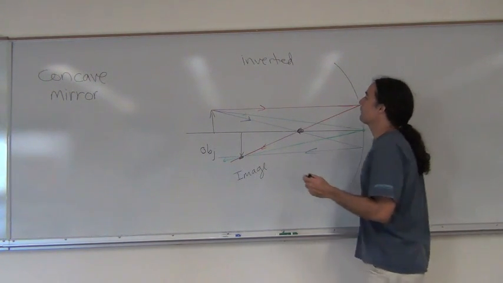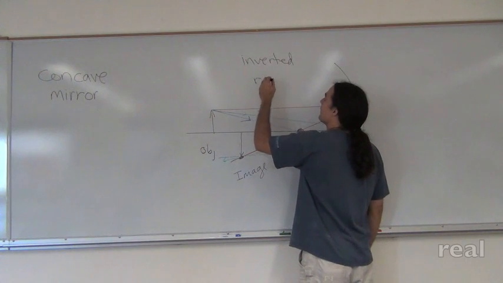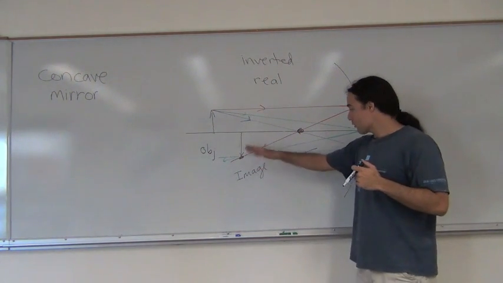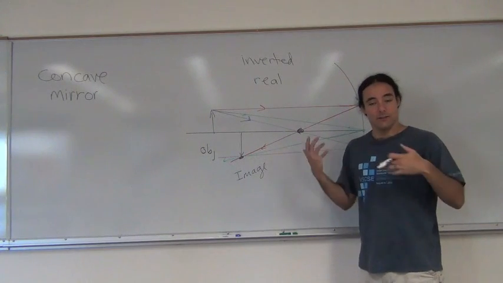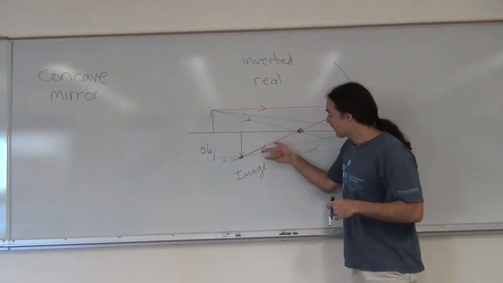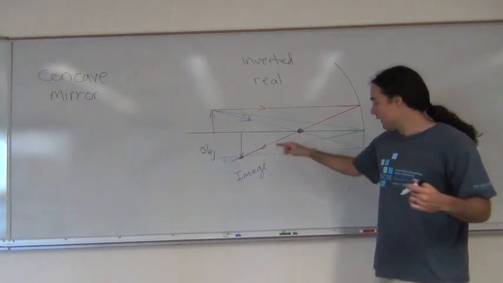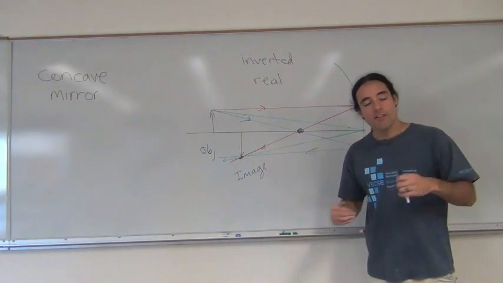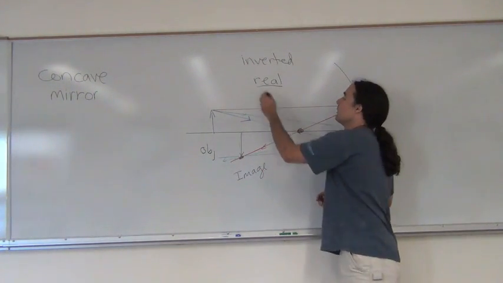The other thing we will note about it is that it is a real image, in that if I were to hold up a screen, there is really light hitting it. If the light is really traveling there, so I really do have these red, green, and blue light rays hitting that point, we call that a real image.